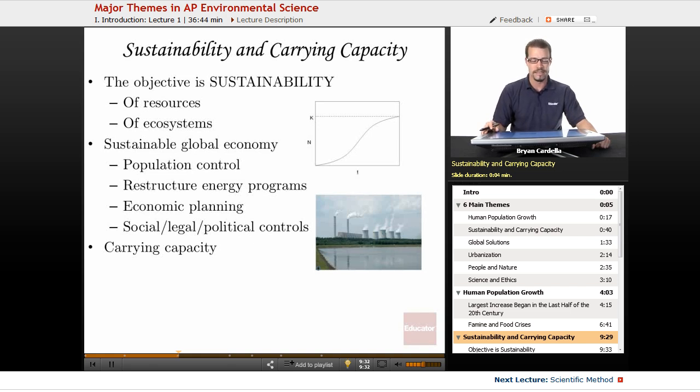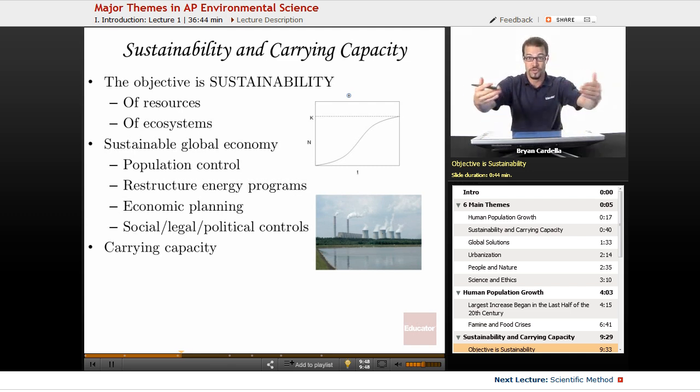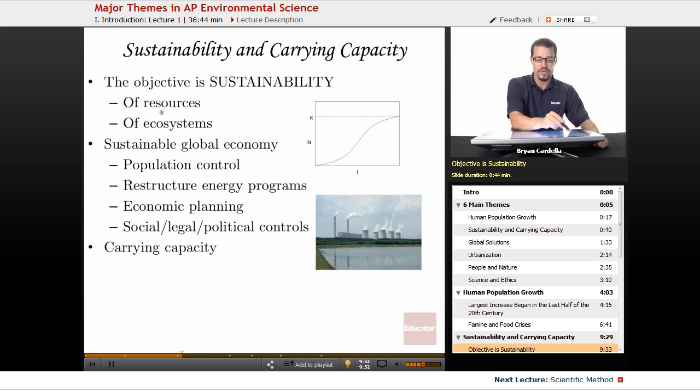Sustainability and carrying capacity. One of the major objectives that we talk about in environmental science is sustainability. Using the environment in a responsible way where we can actually not run out of our resources and provide enough for future generations to also be successful. So this has a lot to do with resources.